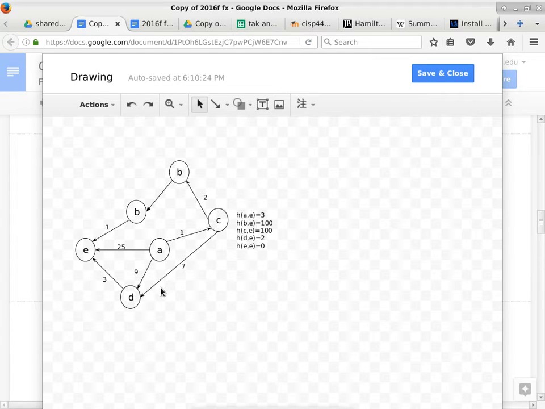This is 1, this is 7, this is 3. And I still want this to be the actual shortest path. Which means the total cost has to be less than 11.